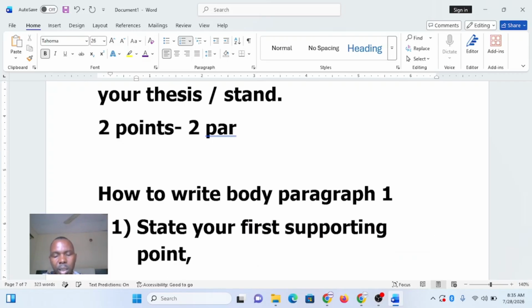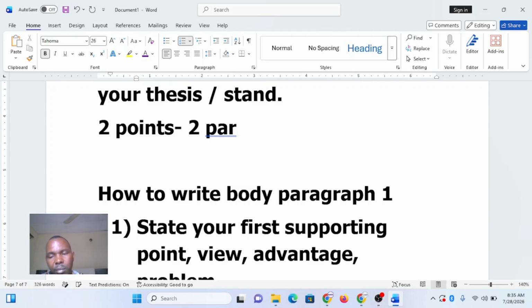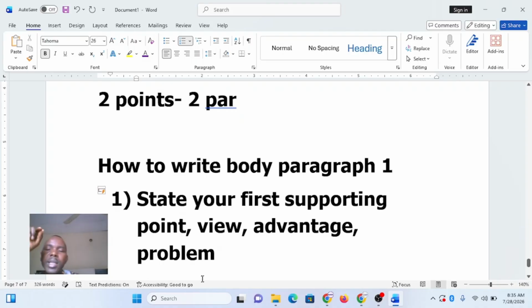If it's discussion essay, state the first view. If it's advantage, state the first advantage. If it's problem solving, state the problem. So whatever it is, you state the first one.